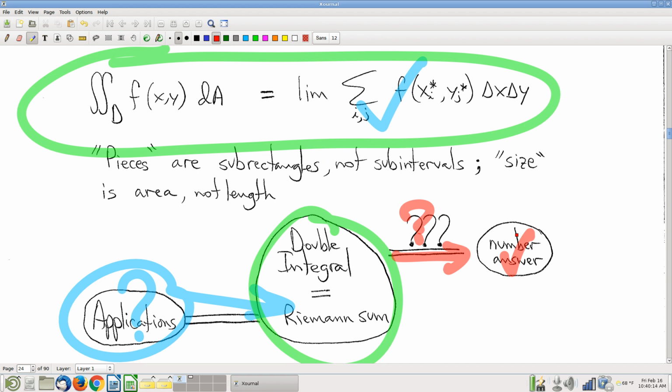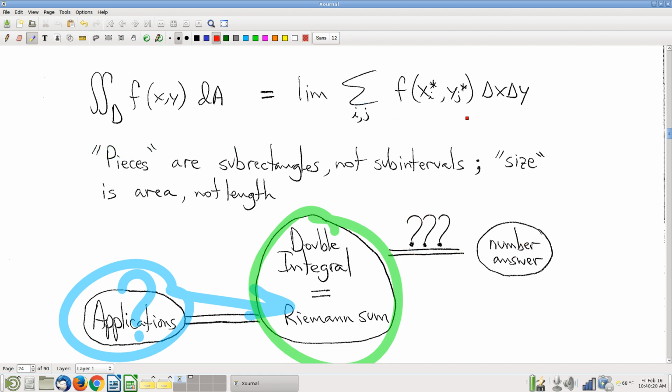I want to talk now about what these applications are. What kinds of geometry problems, physics problems, whatever, can be written as double integral Riemann sums?